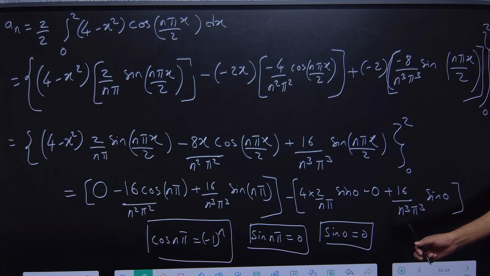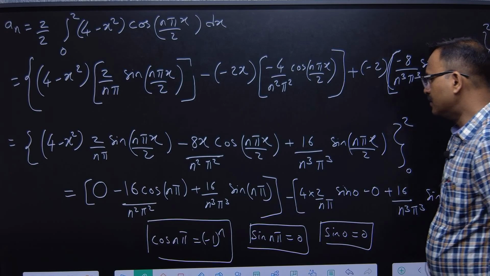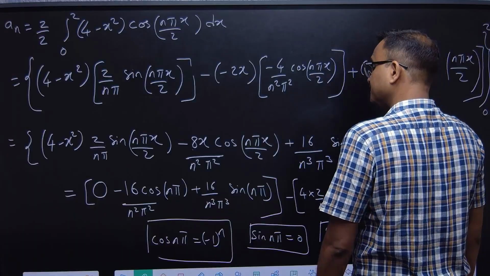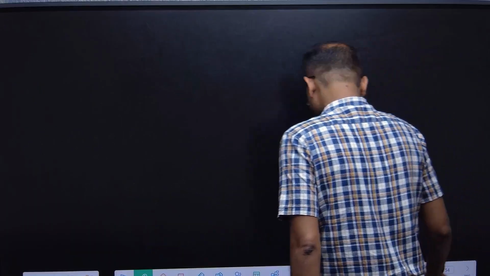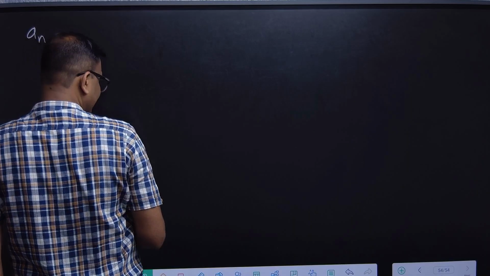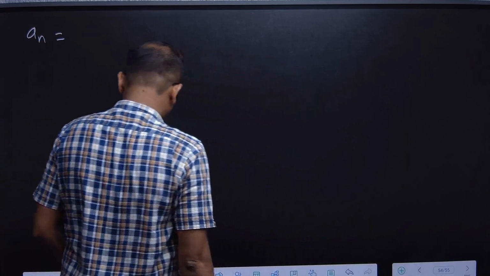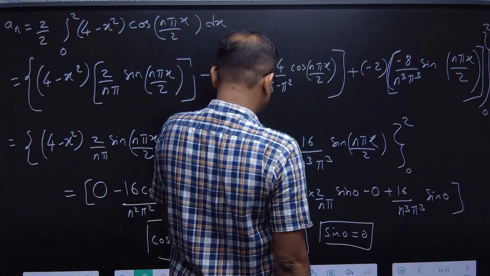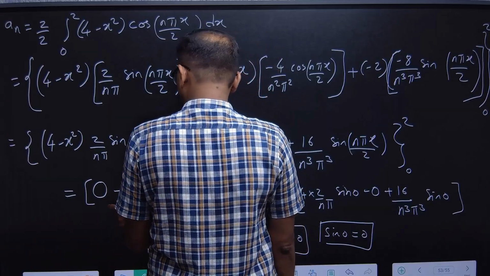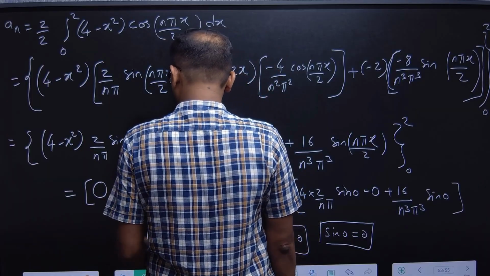So now, if you substitute these values, we'll get a_n is equal to, so see, only this term is going to exist: minus 16 cos n pi upon n square pi square.